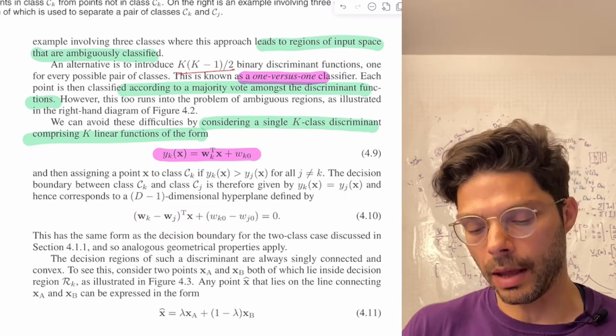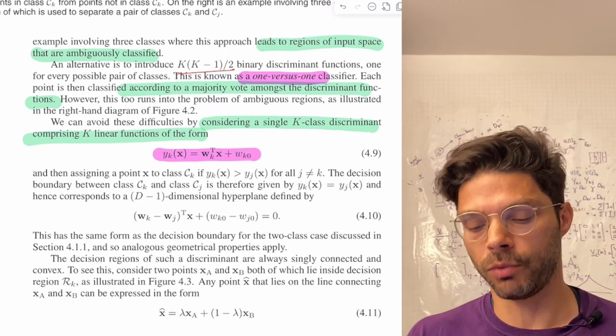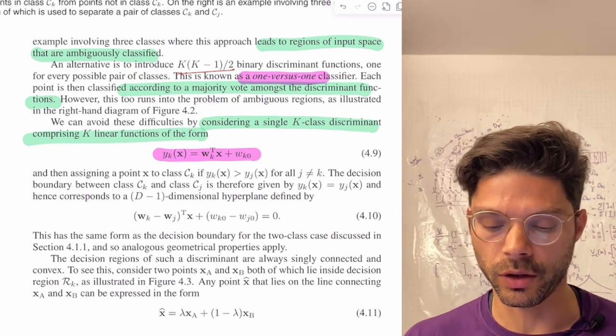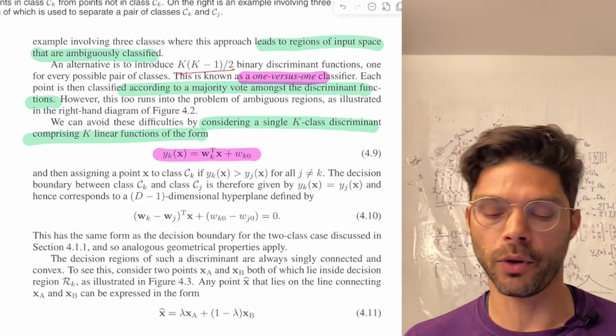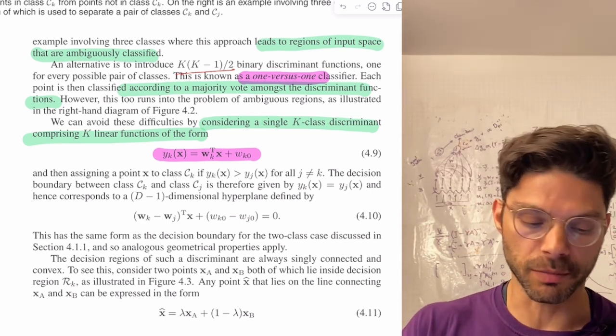If we hold k fixed, you're going to have k minus 1 of these boundaries, and the points classified as Ck are the points on essentially the same side of all of those boundaries.